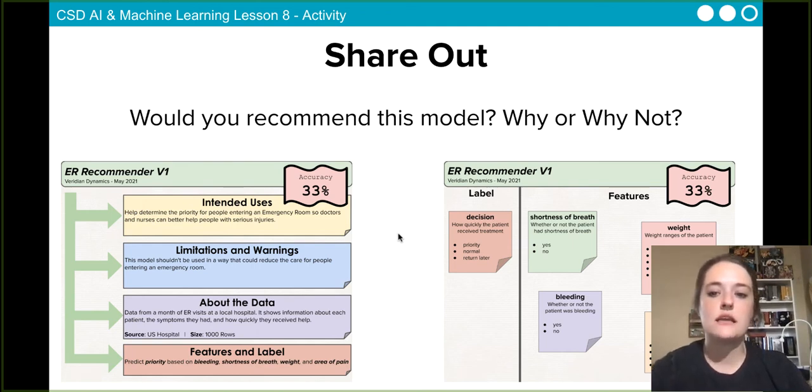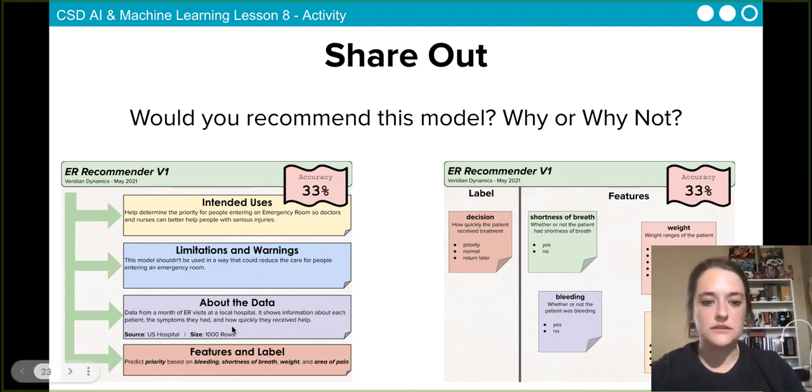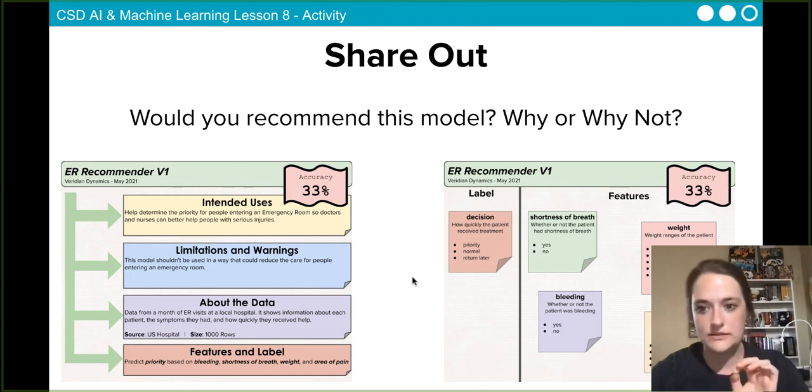How could they improve this model? Because it seems pretty good. It's coming from a U.S. hospital. It's got 1,000 rows of data. It needs to predict priority based on bleeding, shortness of breath, weight, and area of pain. How can it increase the accuracy?